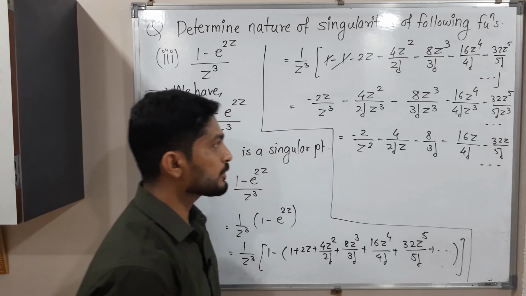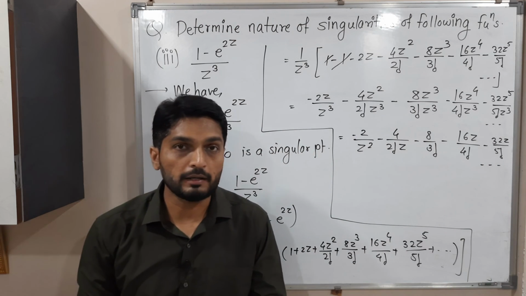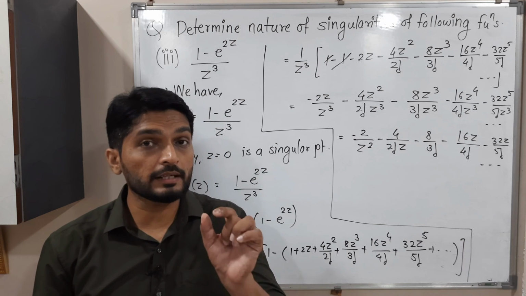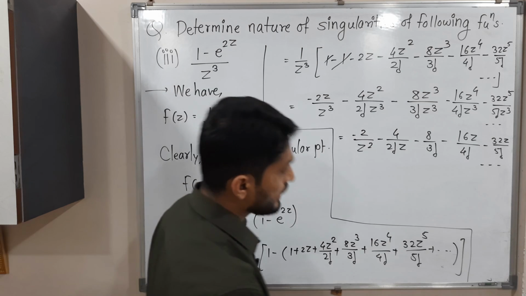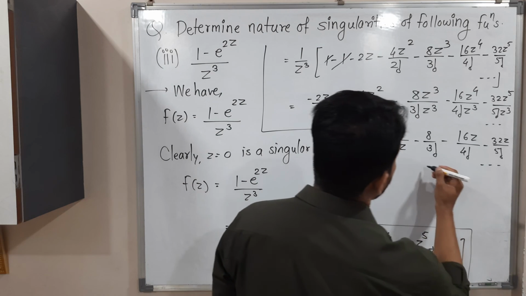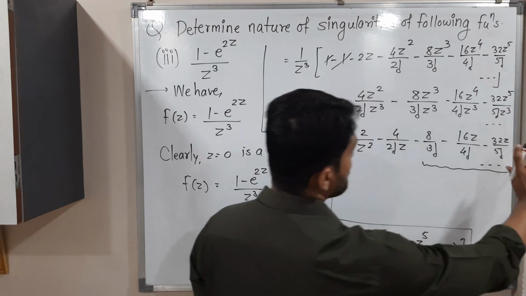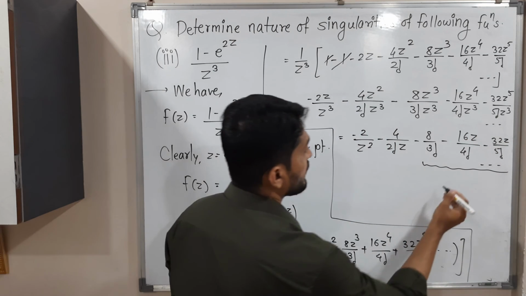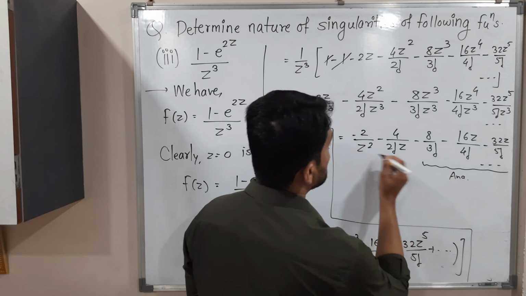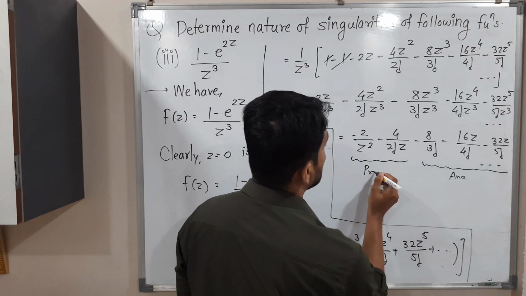Okay, so let us find its analytic part and principal part. Analytic part means the terms where z appears in the numerator. In all this part z appears in the numerator, so this is the analytic part, right? And the principal part means z appears in the denominator, so this is the principal part.